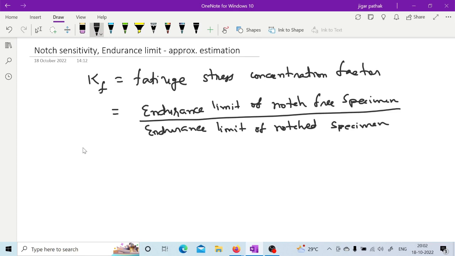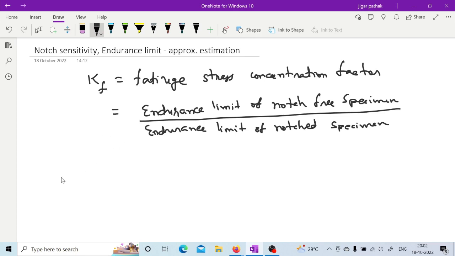And basically notch sensitivity is the susceptibility of a material to the damaging effect of stress-raising notches in fatigue loading, right?